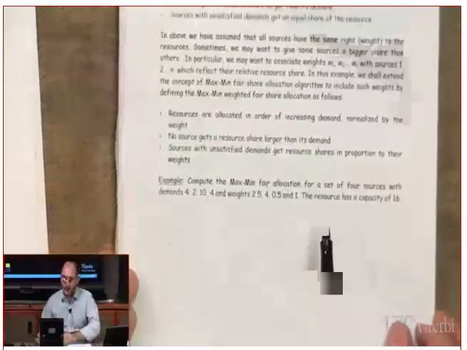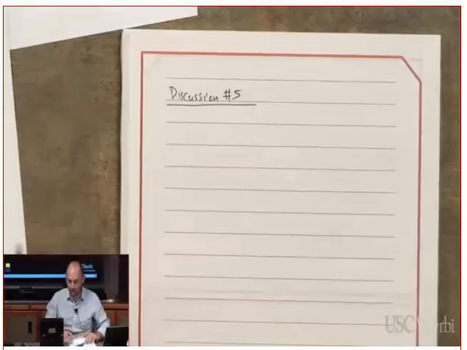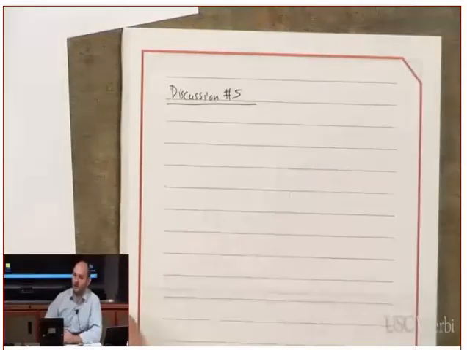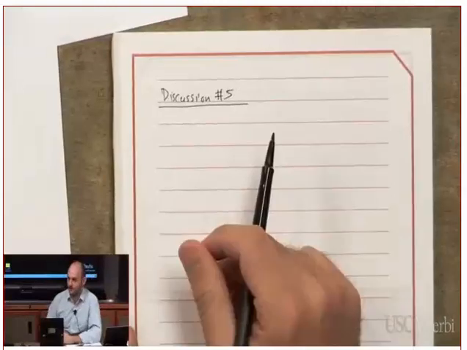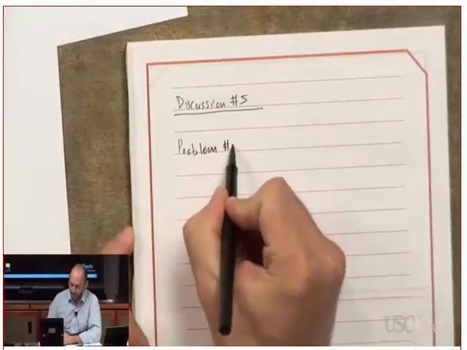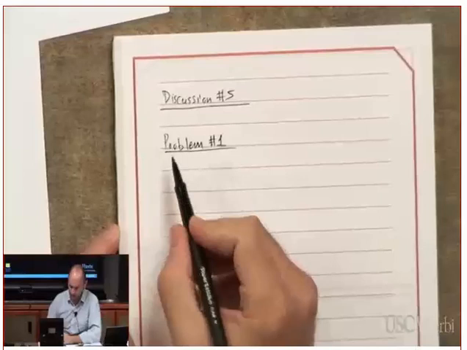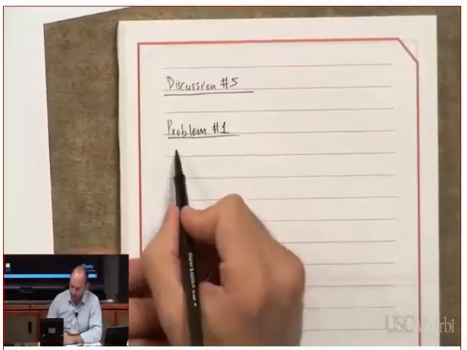I'm going to write the sources 1, 2, 3, and 4. The demands are 4, 2, 10, and 4, and the weights wi are 2.5, 4, 0.5, and 1.